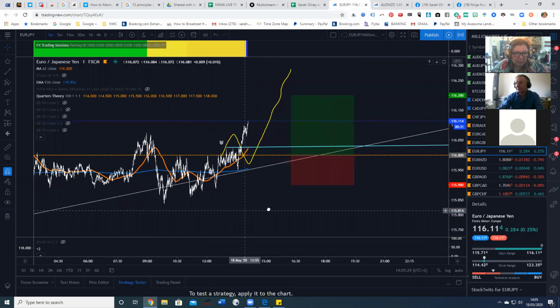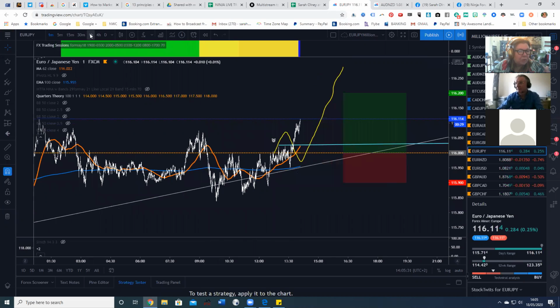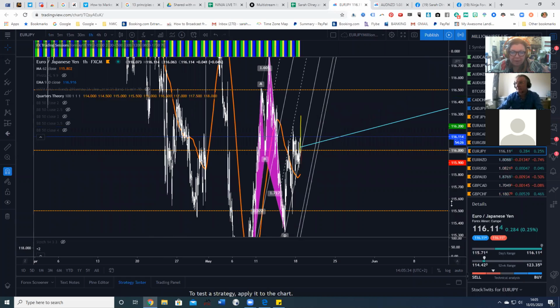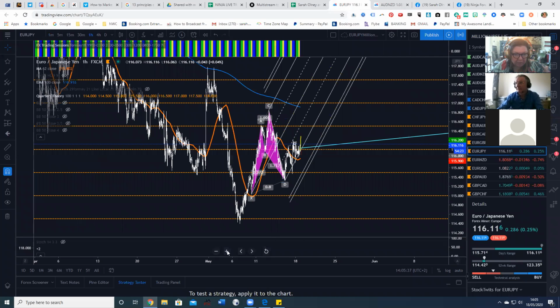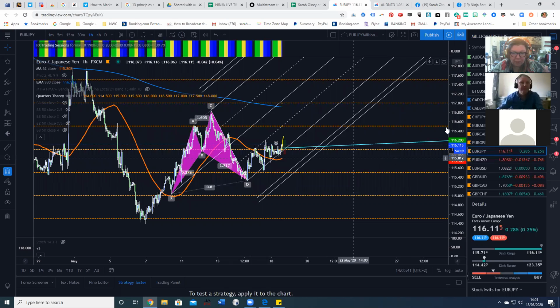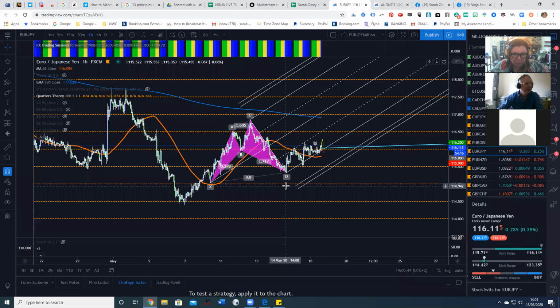Now, let me just show everyone the context. I have looked at the scanner today and I couldn't see anything new. There's some rather odd shapes, so I haven't drawn anything new. This is one with the D point from the 14th of May.